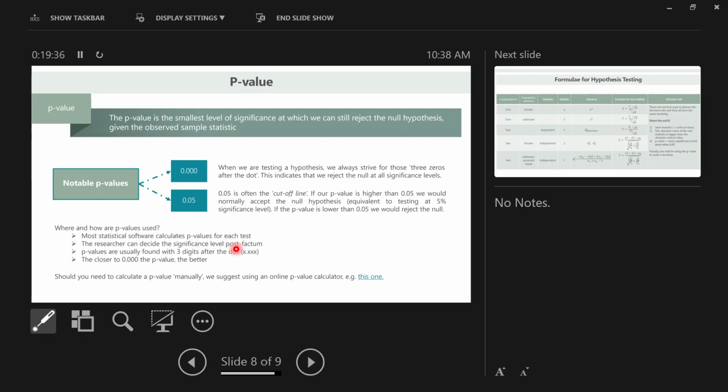Who sets the level of significance? How do you decide what your level of significance is? It depends on the research that you are doing. We have what is called the standard. We saw that we had only 3 standards. For medical related research, they are guided by the World Health Organization and so on.